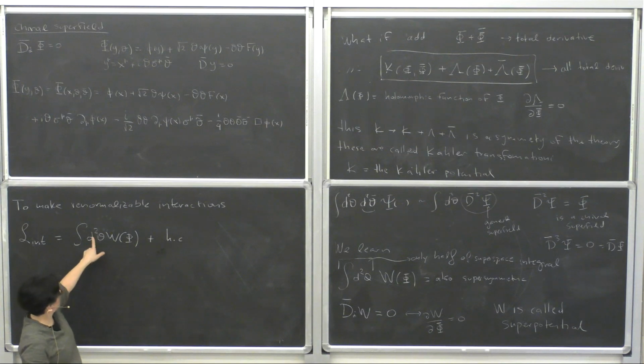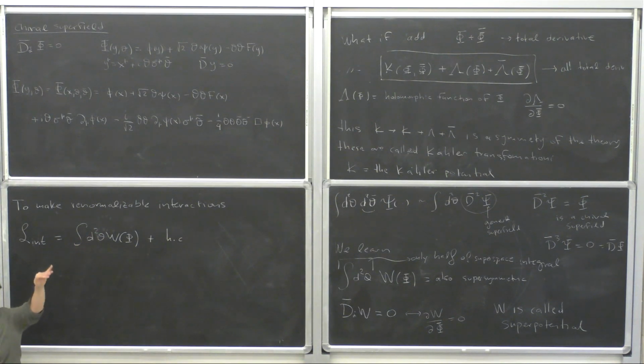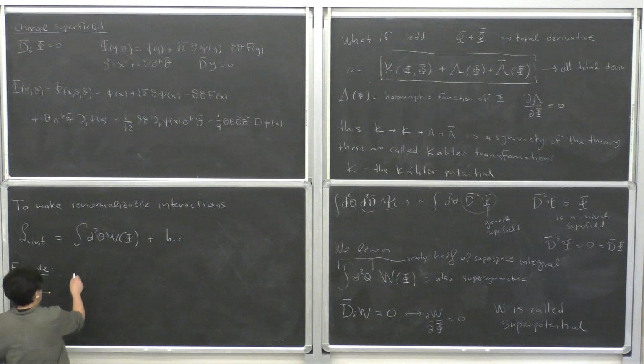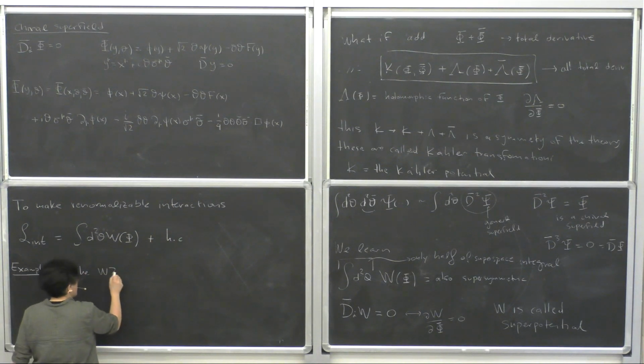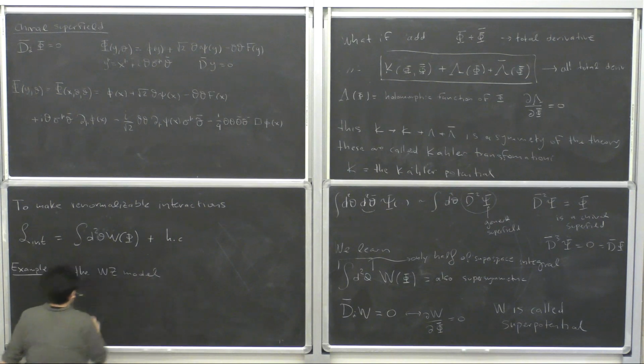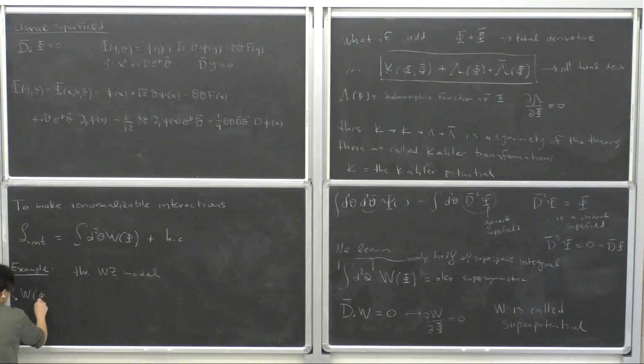So the Hermitian conjugate is d theta bar, W bar of phi bar, yes? So this is going to be my guy. And let's just make an immediate example. I already said that Wess and Zumino are the heroes of these. Okay, they didn't write superspace when they started, but I will write for you now in superspace the Wess-Zumino model. Here it is. Nice and simple and beautiful.